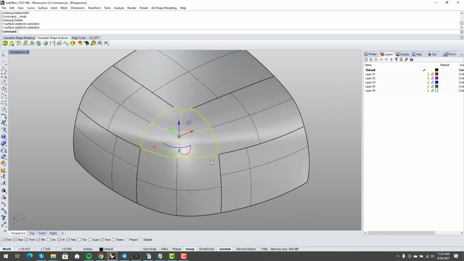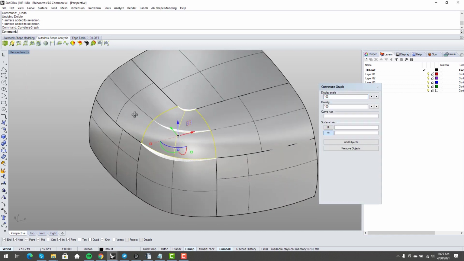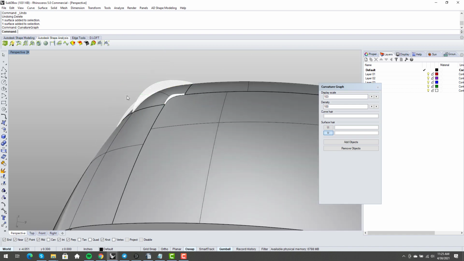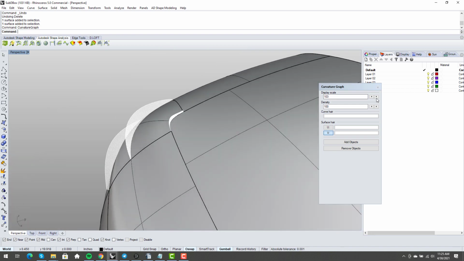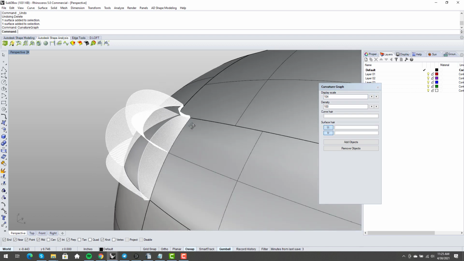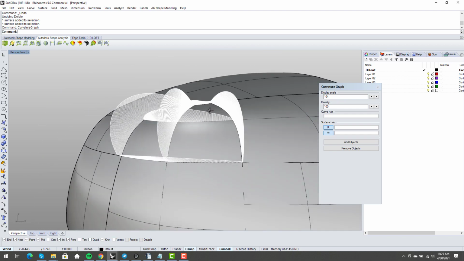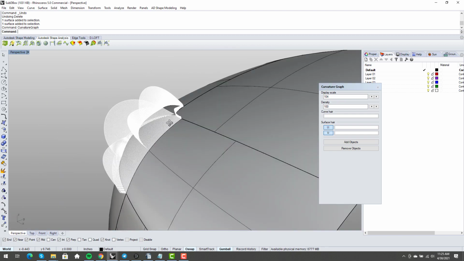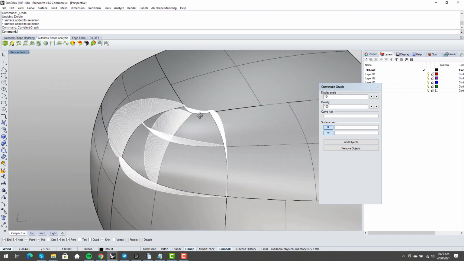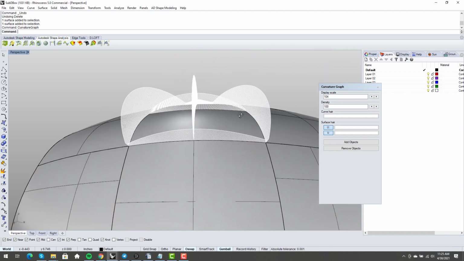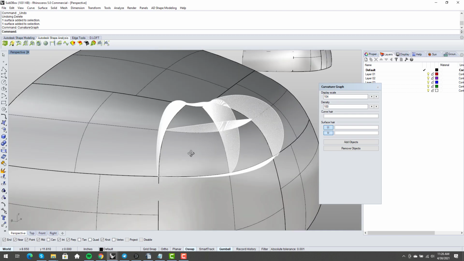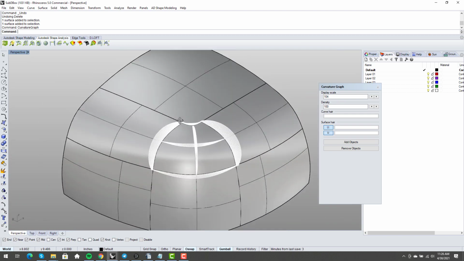And if I run CurvatureGraph on this surface here, we can see that we've got these really nice smooth combs. And let's bring these up too. Yeah, wonderful. This is what we would want the curvature graph for a surface like this to look like. It's very sane.